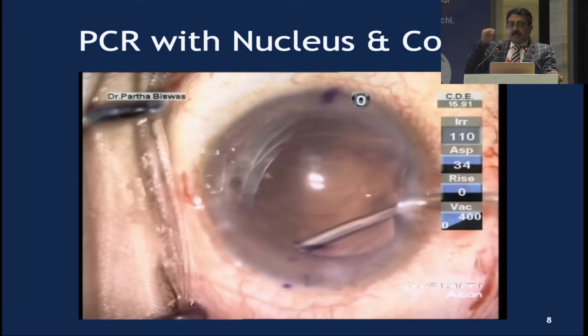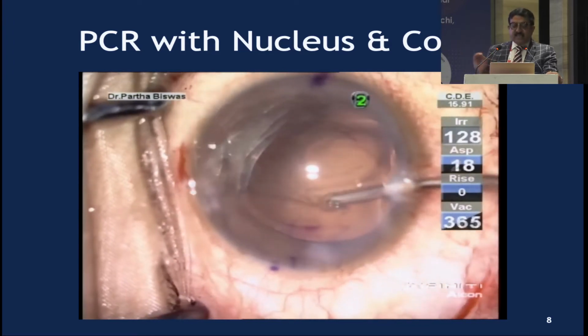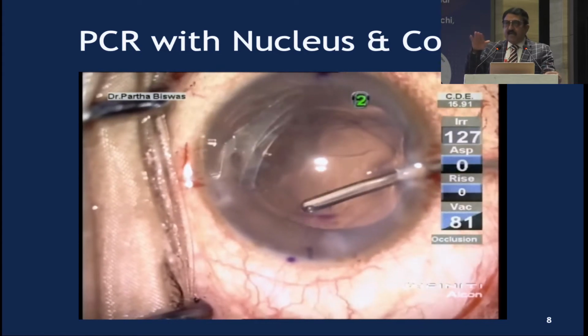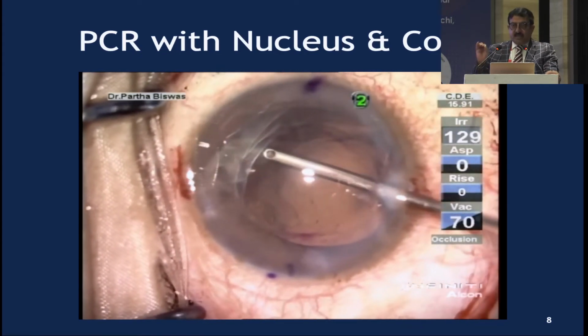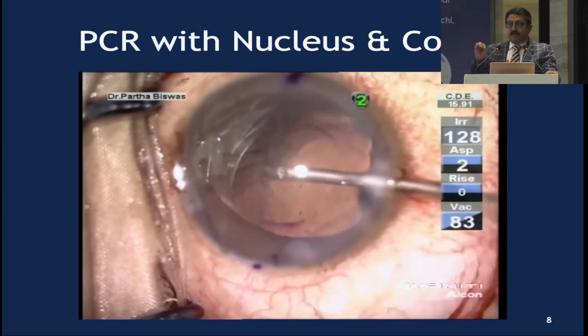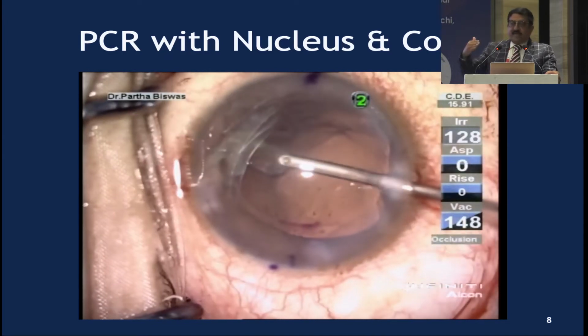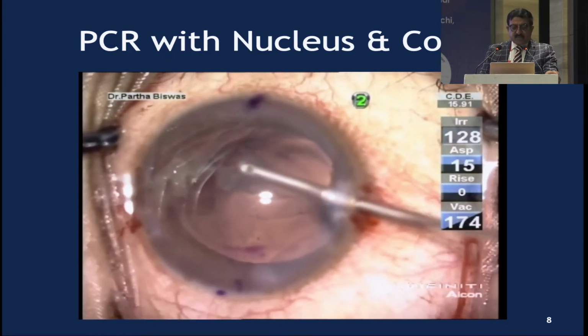I could make a PCC and then place the toric lens in position, and that can be done. So if a toric lens has to be placed, it has to be placed in position only if you have carved out a PCC or the rupture is 90 degrees opposite the toric markings.